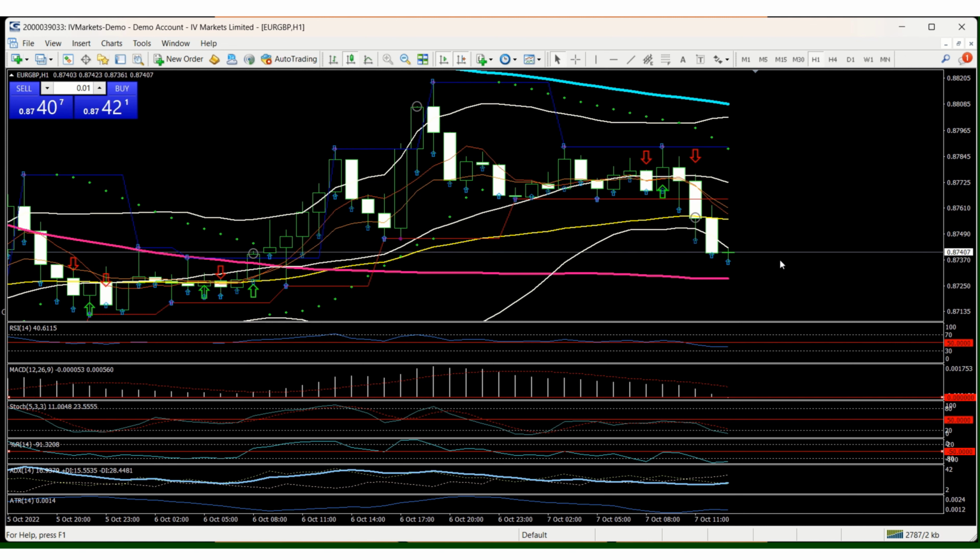That is basically the micro lots that I'm targeting. I'm not taking a mini lot or a standard lot. I'm taking 3 such positions, and 3 positions are opened here.